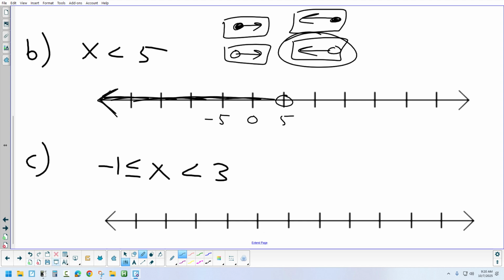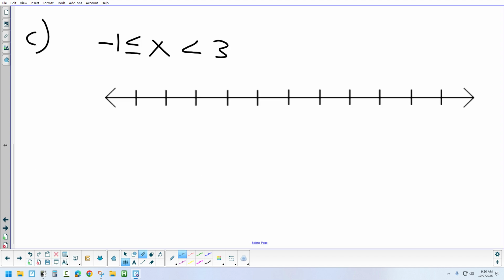Let's do one more of these. So again, converting an inequality into a graph. Okay, how many circles am I going to need when I do this one? I'm going to need 2. What kind of circle on the -1? Closed. Yep, so that's closed. What kind of circle on the 3? Open.